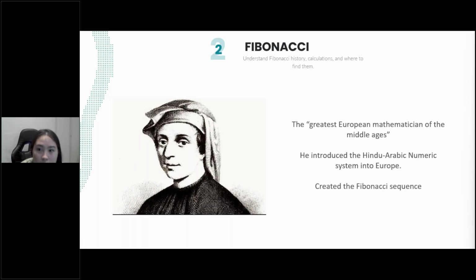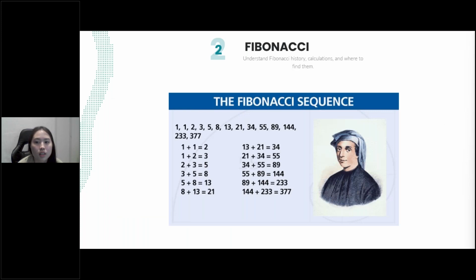The Fibonacci series, or sequence, goes 1, 2, 3, 5, 8, 13, 21, 34, 55, 89. I know it looks confusing, but it's actually 1 plus 1 is 2, and 1 plus 2 is 3. 2 plus 3 is 5, and 3 plus 5 is 8. You add the number before it to the current number, and it gives you the next number in the sequence.